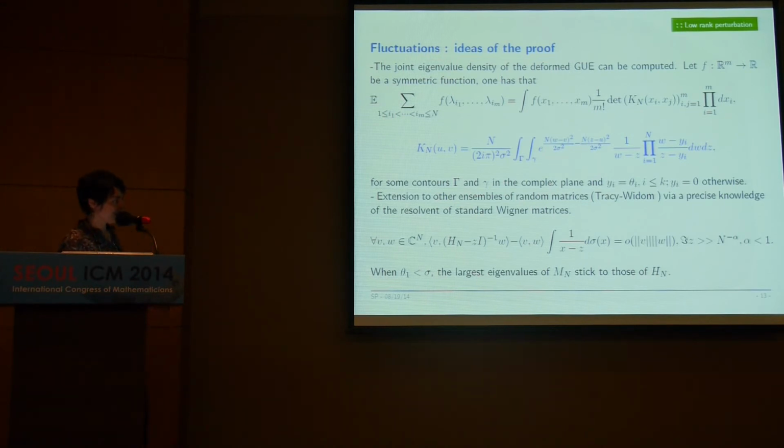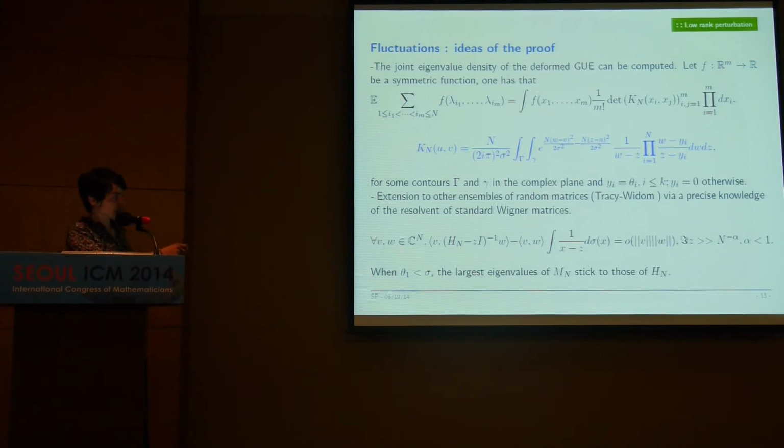say, statistics of eigenvalues. We are able to compute their expected values. So especially we are interested in such local eigenvalue statistics, which can then be used to compute the distribution of the largest eigenvalues. Okay, so we consider a symmetric function f, and we consider the expected value of this functional of m unordered eigenvalues.